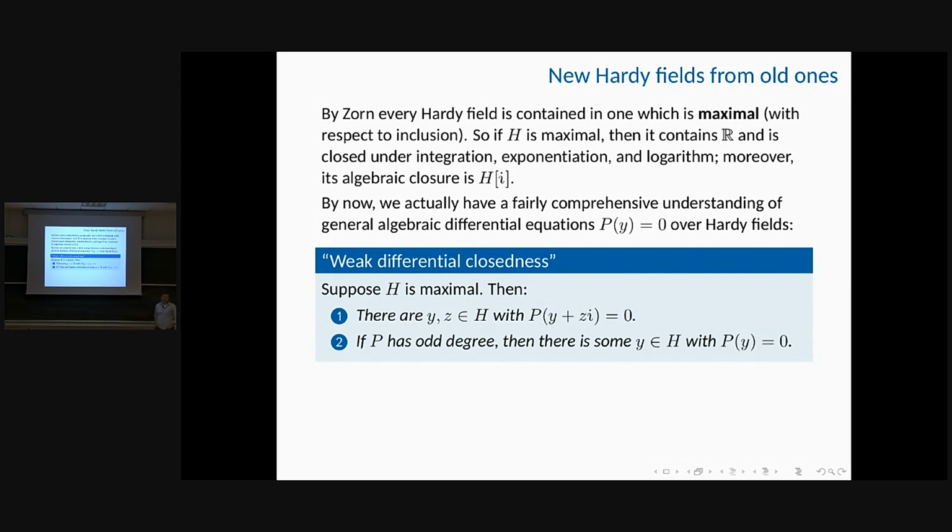We call this the weak differential closedness. This will only make sense to the logicians, so the others should ignore it. But what this is saying is that if H is maximal, it might happen that you cannot find a solution to a given differential polynomial, but you can always find one if you go to this complexification. If you go to this algebraic closure, H adjoin i, then there will always be solutions to algebraic differential equations.